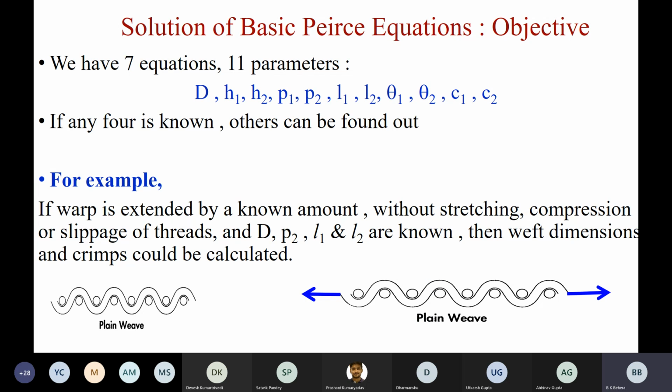So we have 7 equations and 11 parameters. These are the 11 parameters relating to warp and weft and weave. And I told you last time, if you know any 4, others can be found out. Just for example, if warp is extended by a known amount, I have shown you a diagram also.